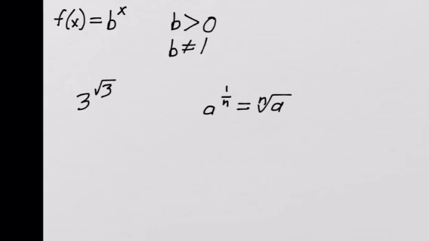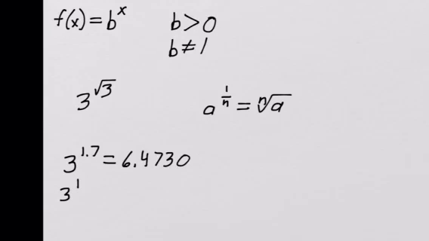But what we can do with this 3 to the square root of 3, so we can start with something like 3 to the 1.7, which ends up being 6.4730.